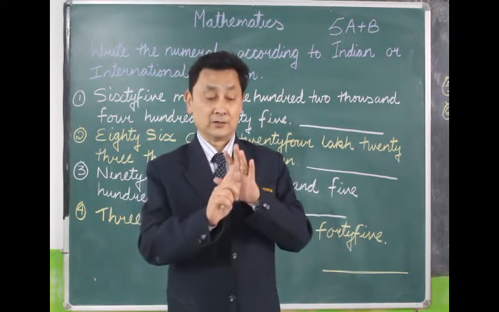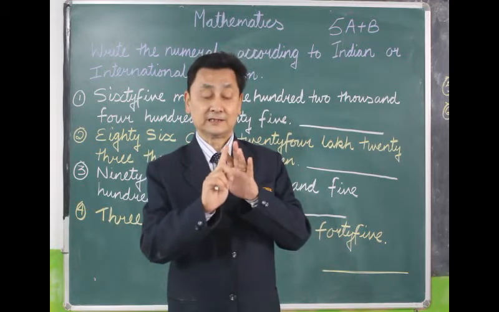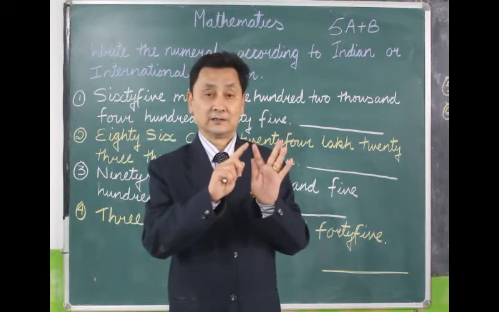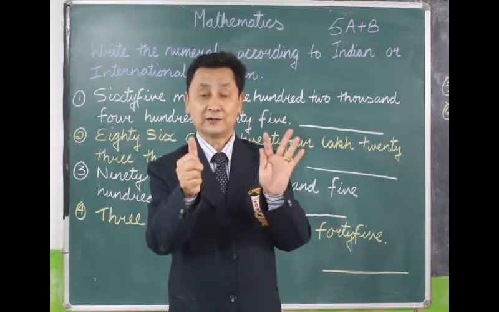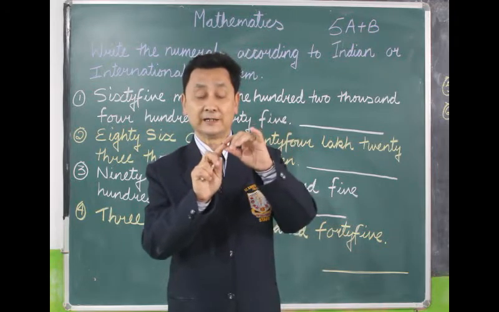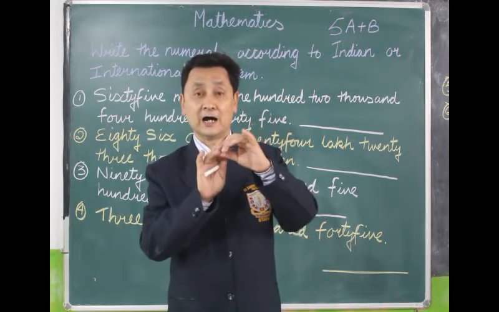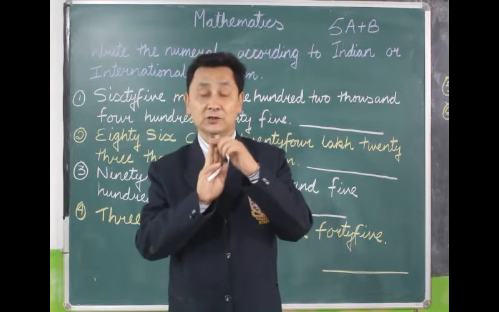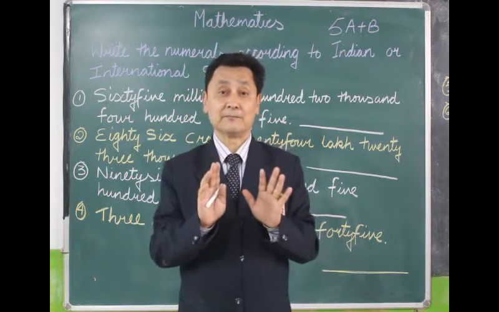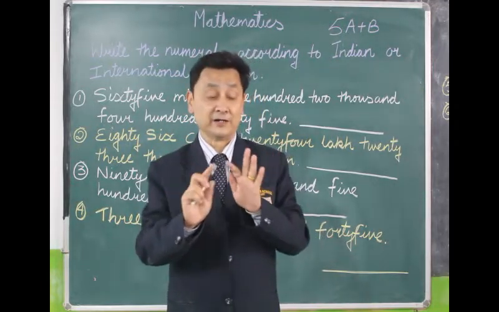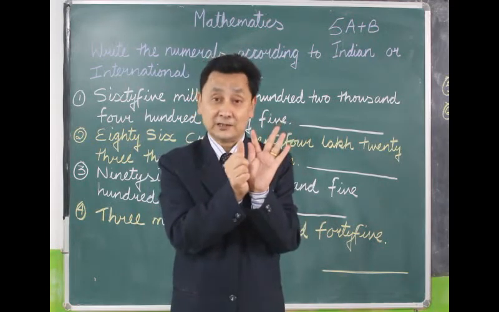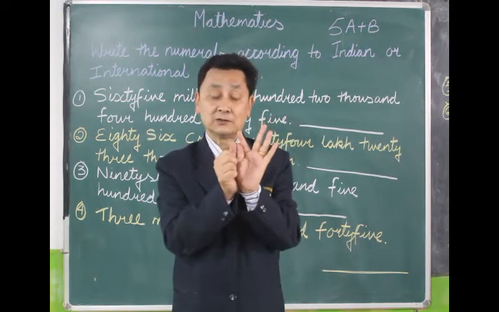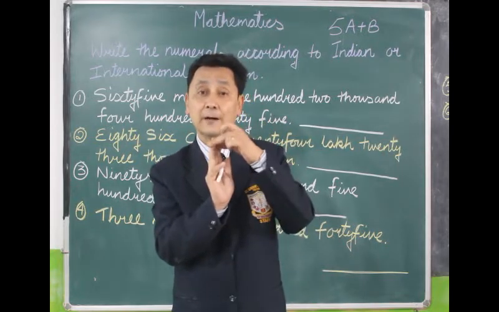Now let's try the international system. Ready? Ones, tens, hundreds, thousand, 10,000, 100,000, million, 10 million, 100 million. So in the international system, the digits have been divided into 3. The first 3 are known as units, the second 3 thousands, and the third million.